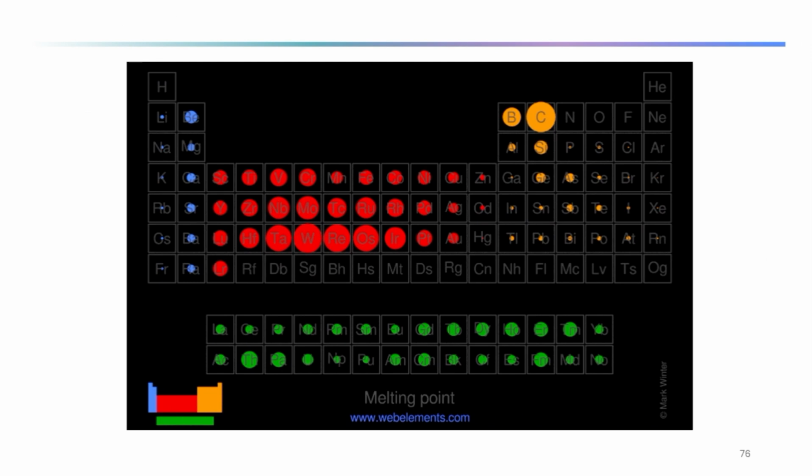Now this is the periodic table showing the periodic trend of melting point. If you go from left to right, first the melting point is increasing. If the circle is bigger, that tells the melting point is more.